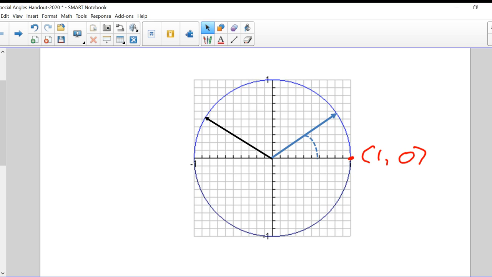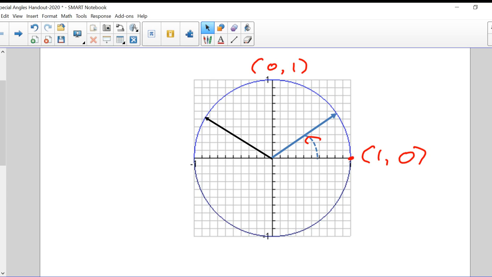So this distance here, which is the radius of the circle, would be sitting right on the x-axis, and that would be at 1, 0. And if we were to rotate that in a counterclockwise direction, in this direction here, then we would get to a point where it's sitting on the y-axis, and those coordinates would actually be 0, 1.